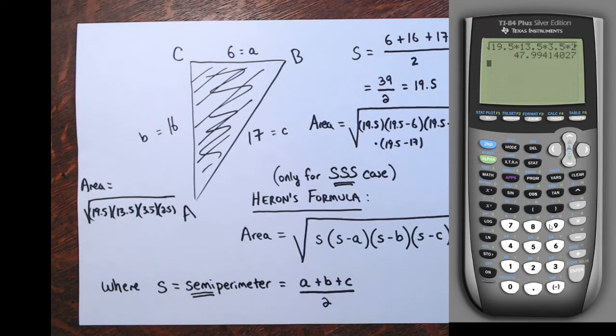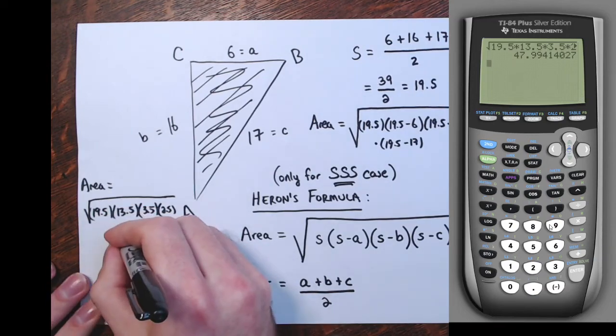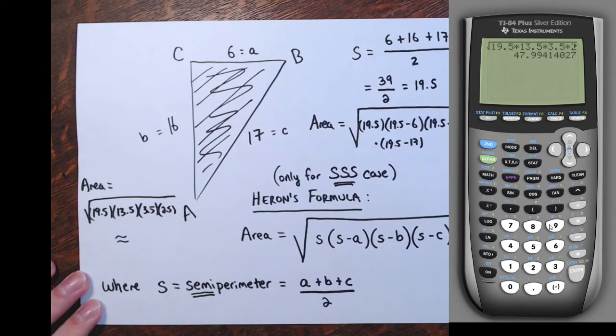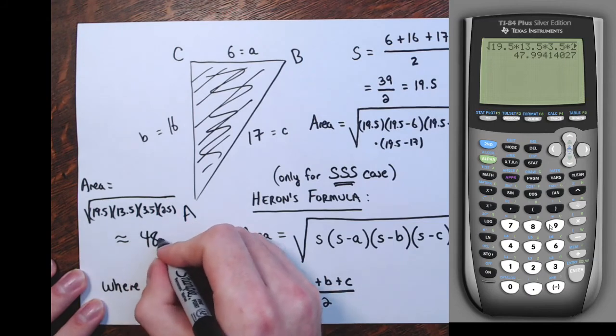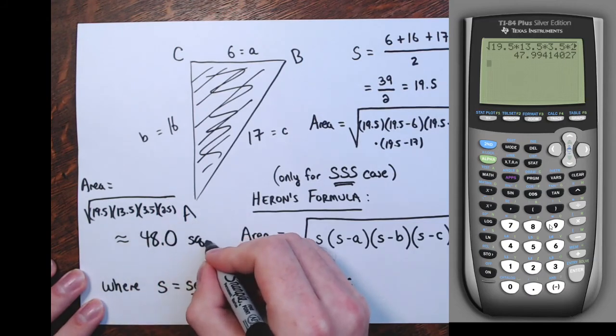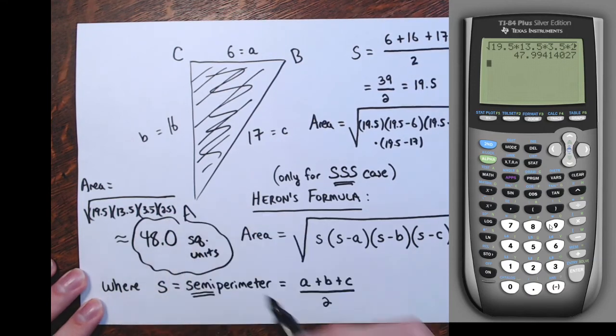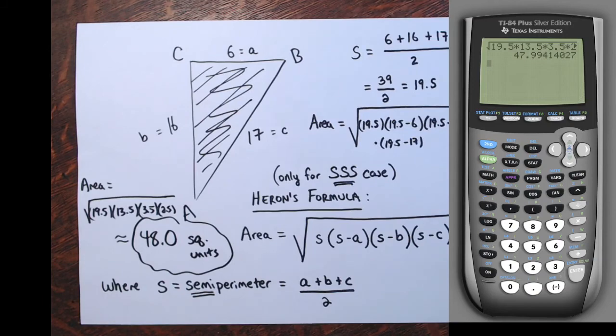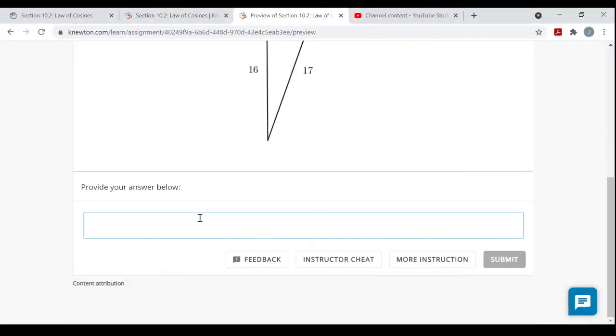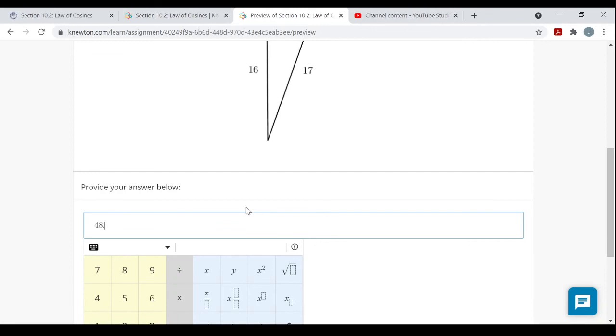And all that in the square root, and now they're asking us to round to the nearest tenth. So the area this triangle takes up, the amount of space, is 48, it's 47.99. If I rounded that to one decimal place, that would round to 48.0, square units. Now, they're not asking us to write square units or anything like that. So back here, just the number, 48.0.